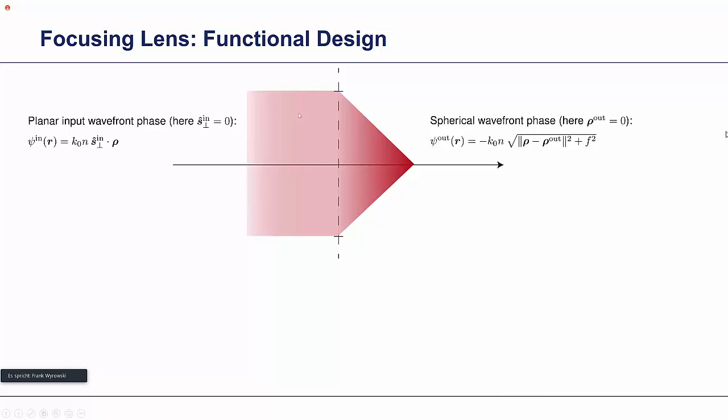A focusing lens problem. So I have an input plane wave here on axis, so the angle is 0. And I'd like to focus it, so I'd like to have a spherical output field. So plane wave to spherical output field. Then what do we need to do? That's obvious. In this plane, we need to introduce some kind of wavefront phase response, which is just the difference of the two in this plane. That's easy. Okay, so it's obvious to do.